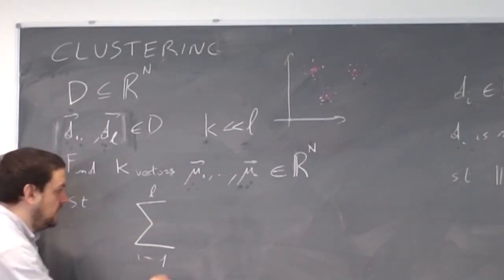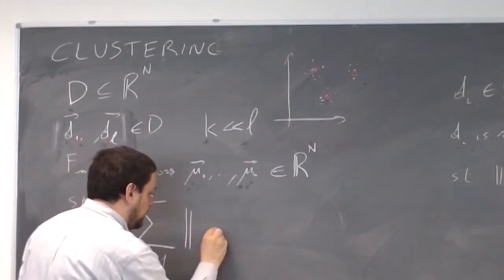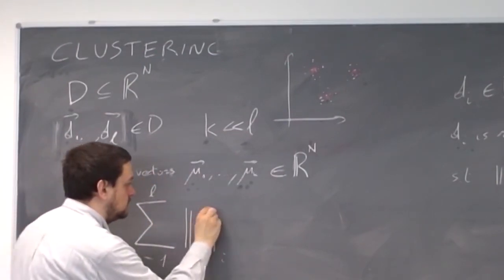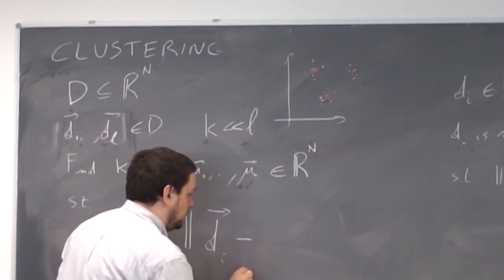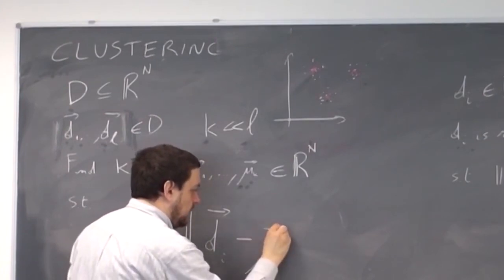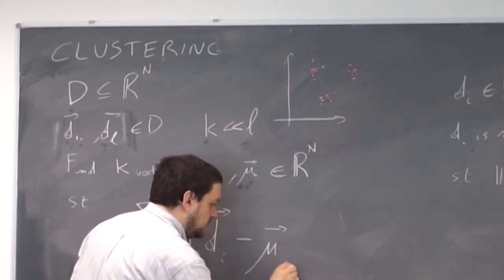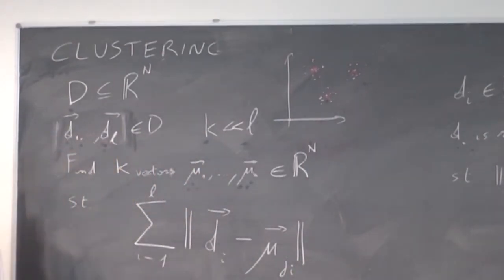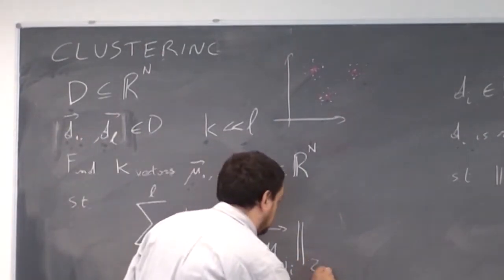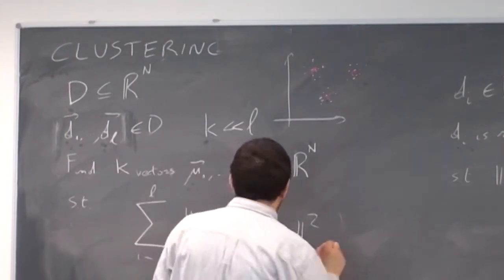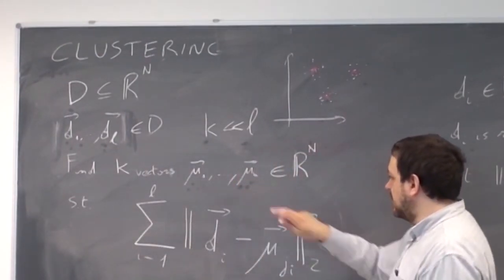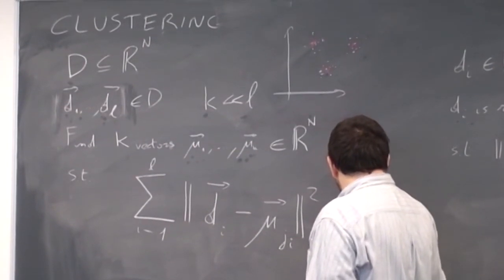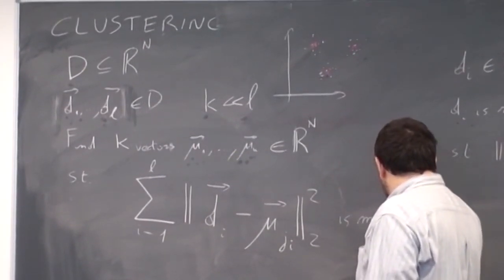The sum of all distances between all elements d_i and their closest representatives mu. So I want to find the k vectors such that this is minimized.